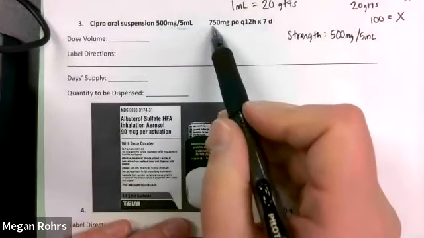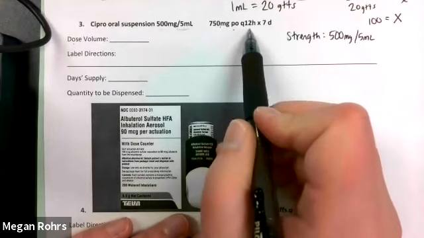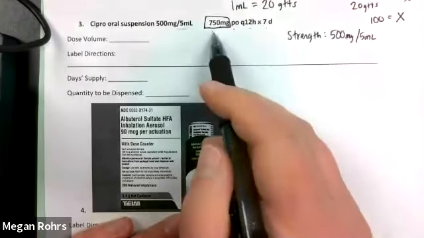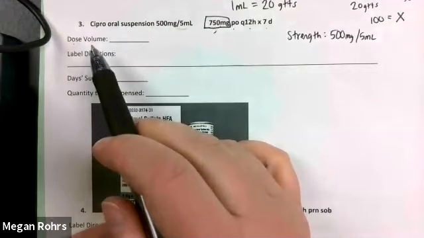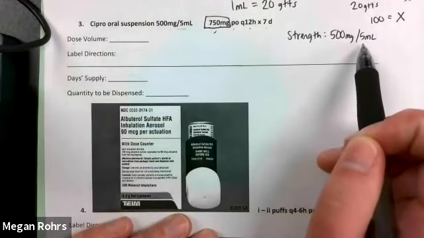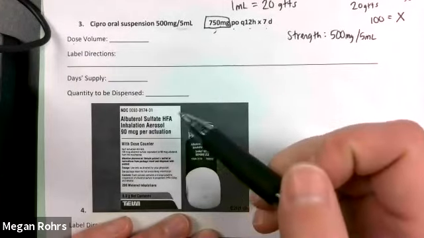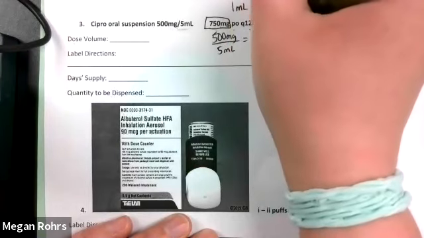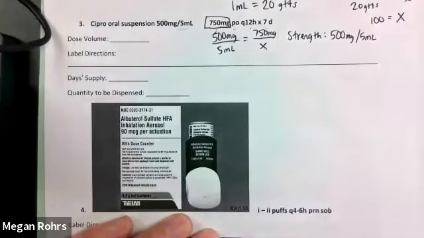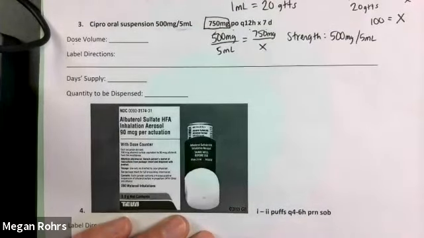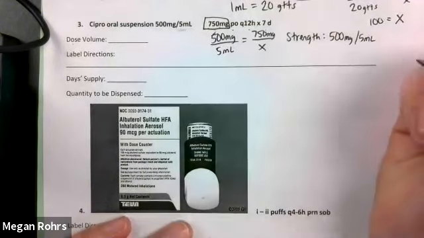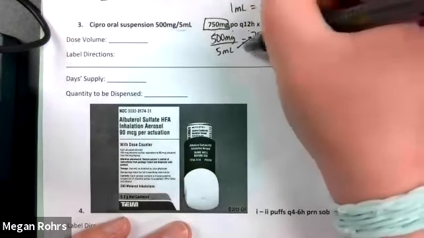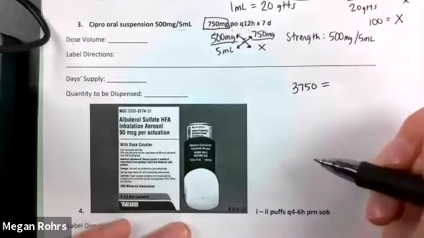My directions are 750 milligrams by mouth every 12 hours for 7 days. So the dose here is 750 milligrams. To find the dose volume, we always take our strength and set it equal to the dose being ordered. So 500 milligrams per 5 mL equals 750 milligrams over X. 750 times 5 gives us 3,750, and I'm going to set that equal to 500x.